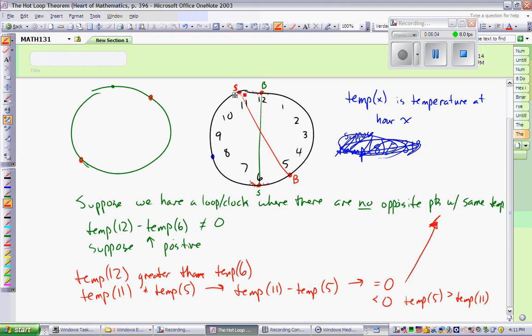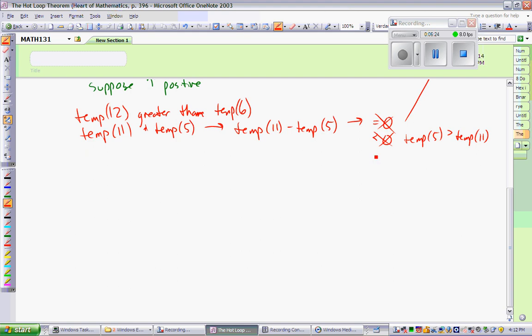Since they're changing continuously, there'd have to be a point between 11 and 12 that matches exactly the point between 5 and 6, because it switches from being bigger to smaller. But we know no opposite points can have the same temperature, so that can't be true. Which leaves one thing, that it's greater than 0.